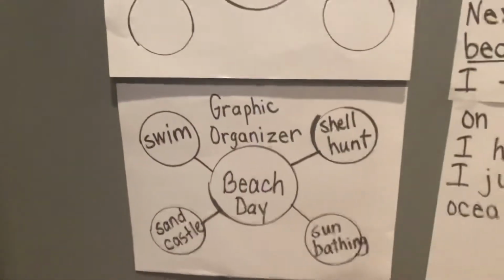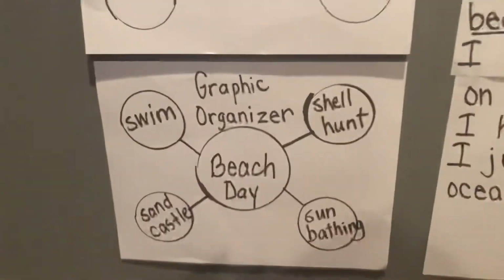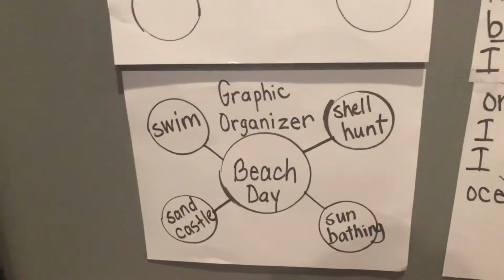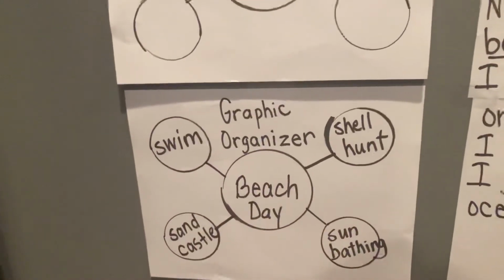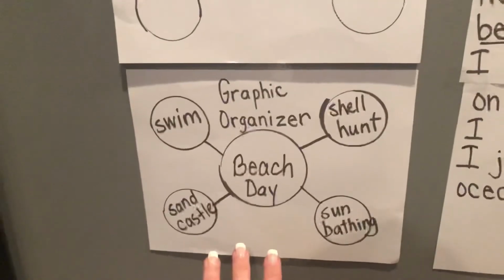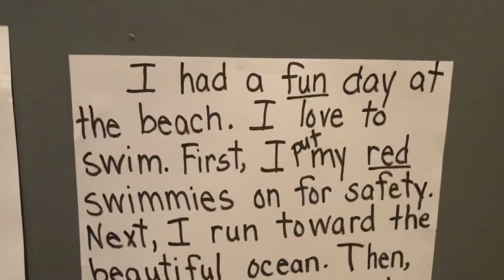Now, I'm going to show you how to begin your paragraph. You want to lay your graphic organizer next to a blank piece of paper so you can always refer back to the graphic organizer if you need to. And the ideas that you have on this graphic organizer are the same ideas that go into the paragraph. So let's go over the first sentence.